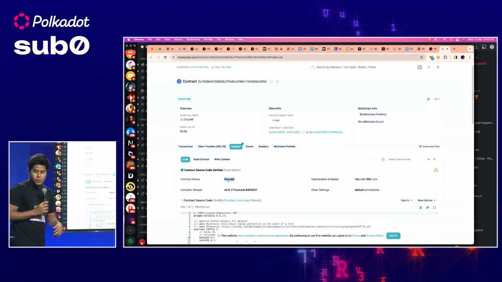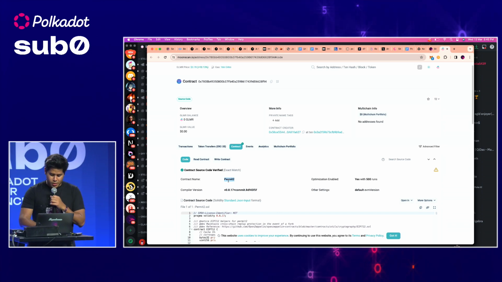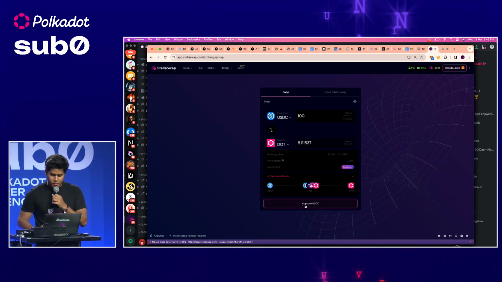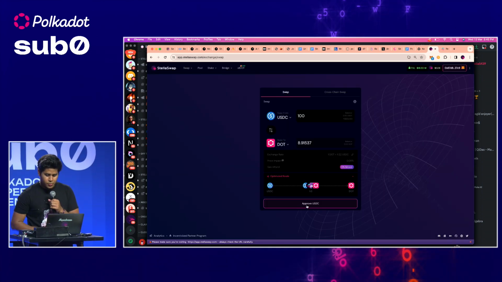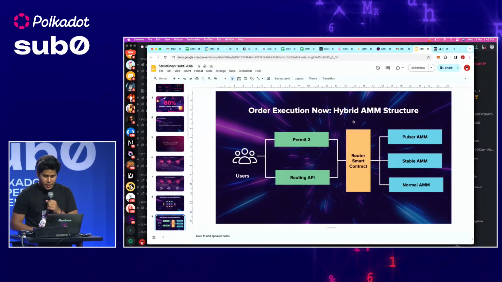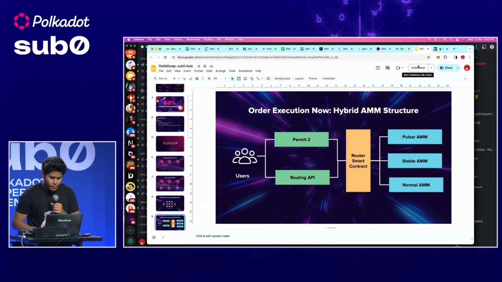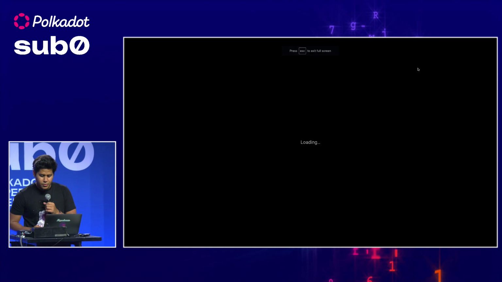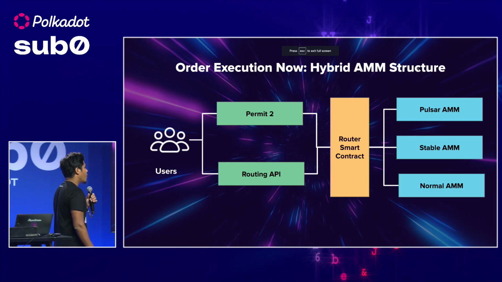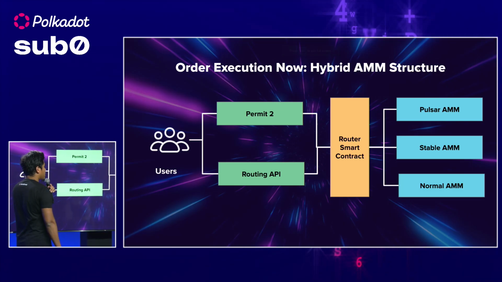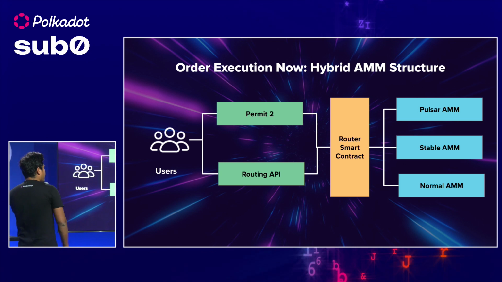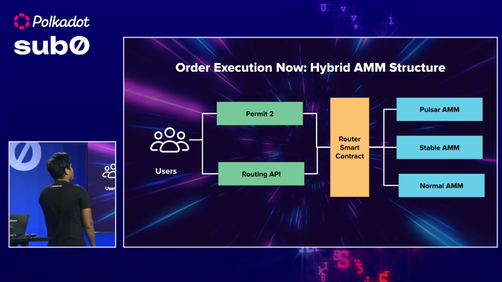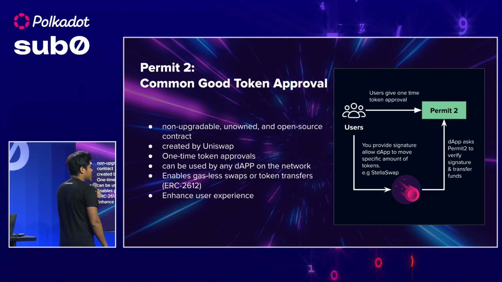So once the user approves the USDC, then we can put it all into action and generate the output for the user. That's how we unify the liquidity across all the AMMs.